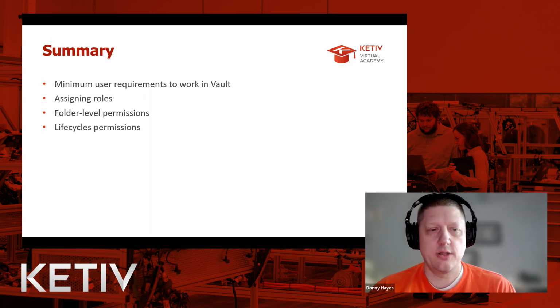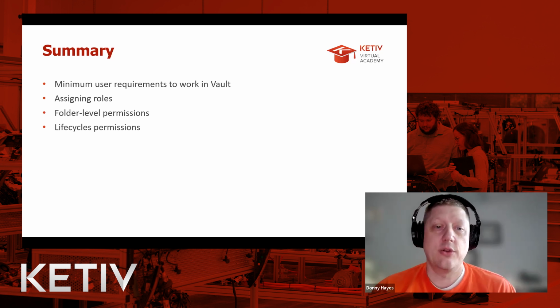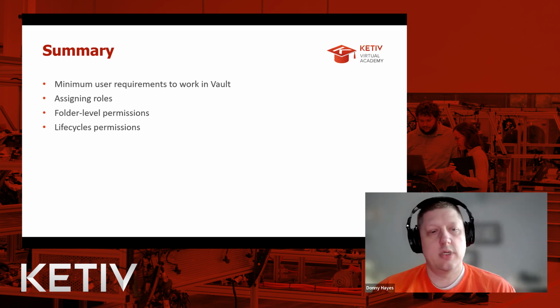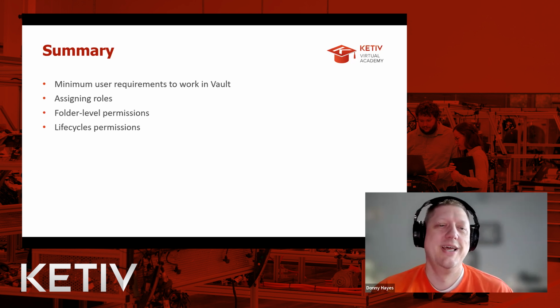We talked about where you can look at or find the specific permissions for those different roles. We talked about folder level permissions, how to apply them, and what they allow us to do. Just remember to be careful with them.